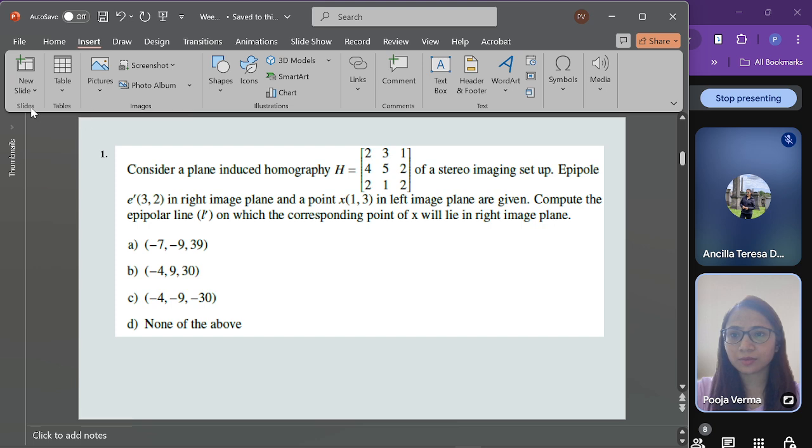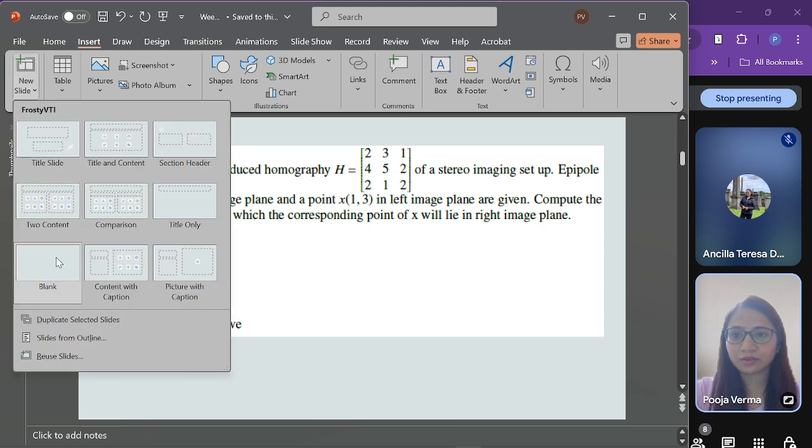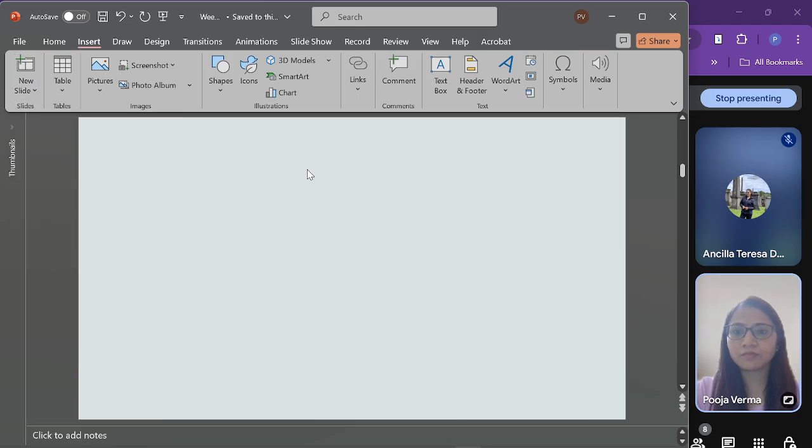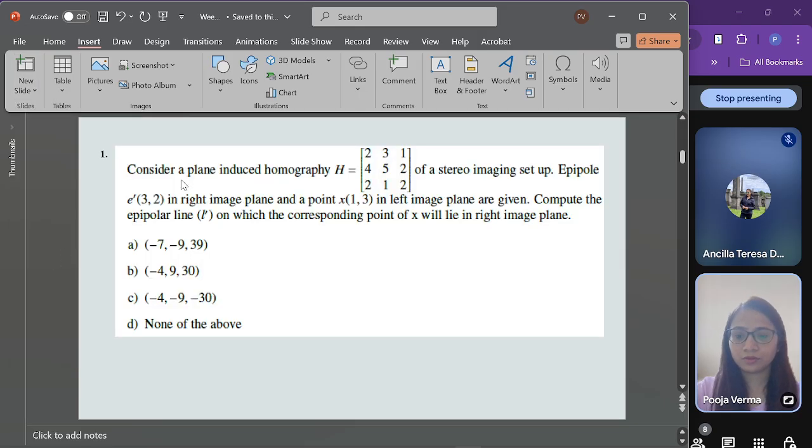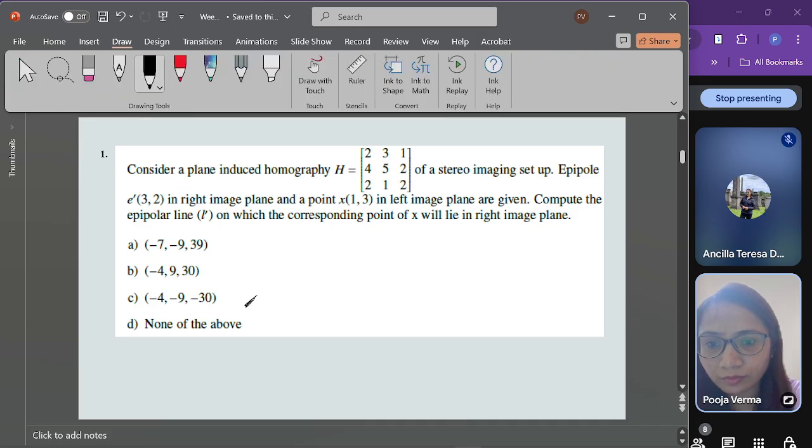Just a minute, let me open the slide so that we can solve. Okay, so the epipolar line L dash is calculated by the equation L dash equals E dash cross X times H times X, where H and X are given.